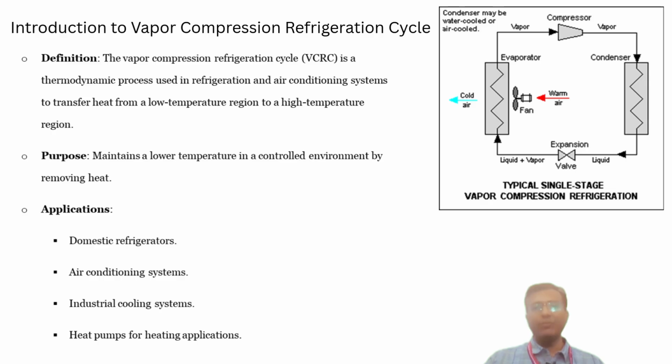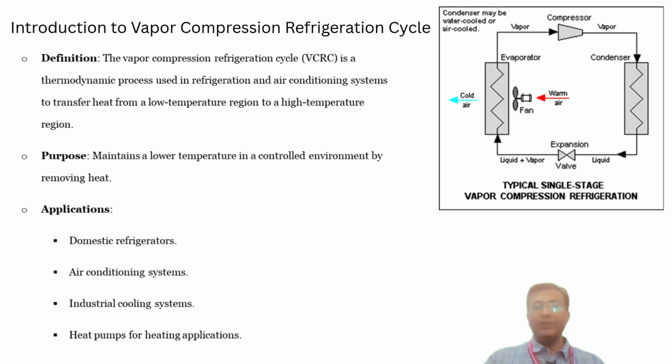For example, a modern refrigerator might achieve a coefficient of performance of 3, delivering 3 times the cooling energy it consumes. Today, we will also touch on environmental challenges like finding eco-friendly refrigerants to replace the harmful CFCs.